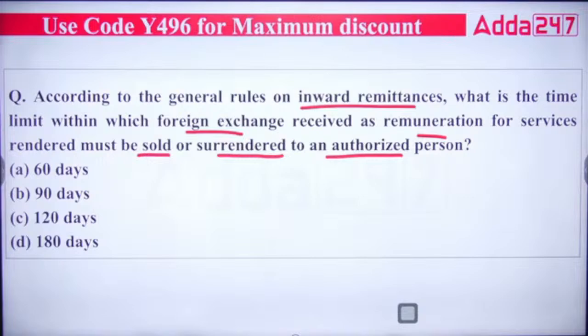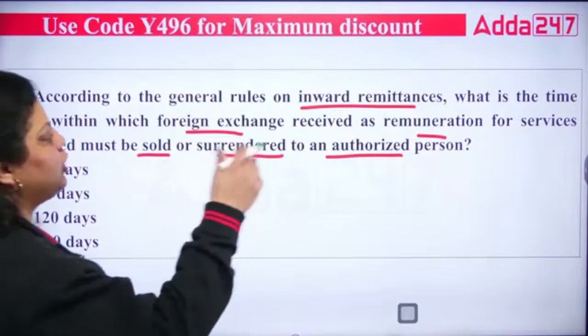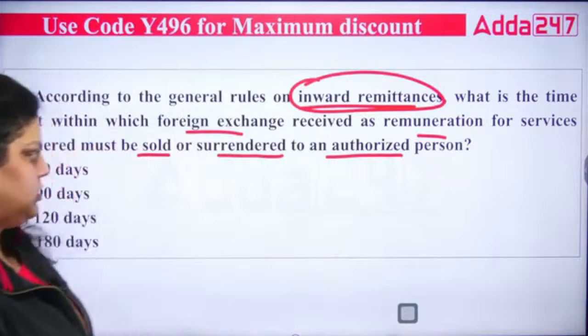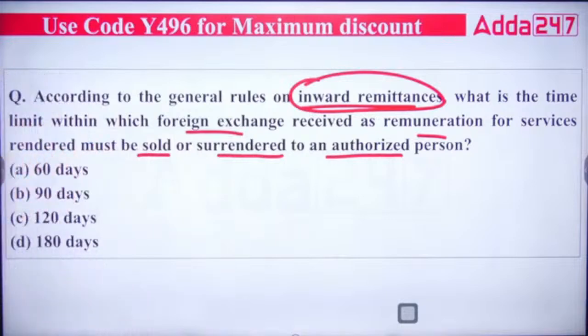Inward remittance means the funds have been transferred from abroad to India. That's the inward remittance we are talking about in international transaction. Within which foreign exchange received as remuneration for services rendered must be sold or surrendered to an authorized person. How many days is it?